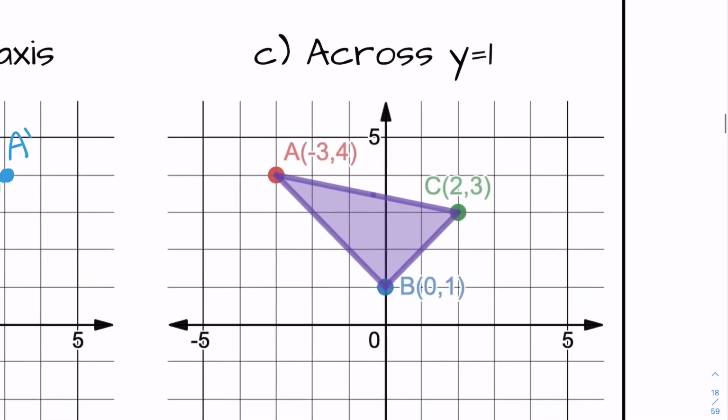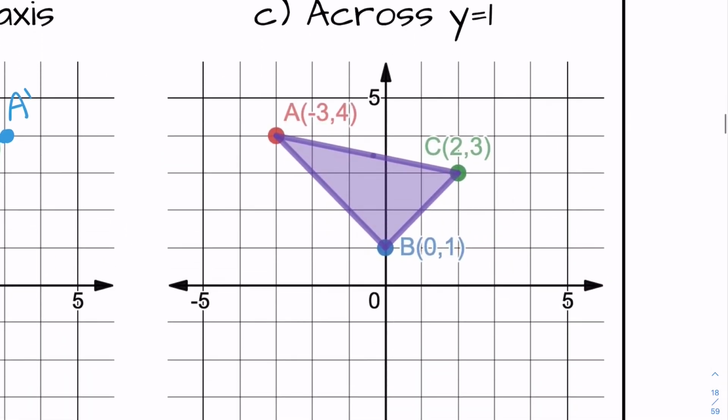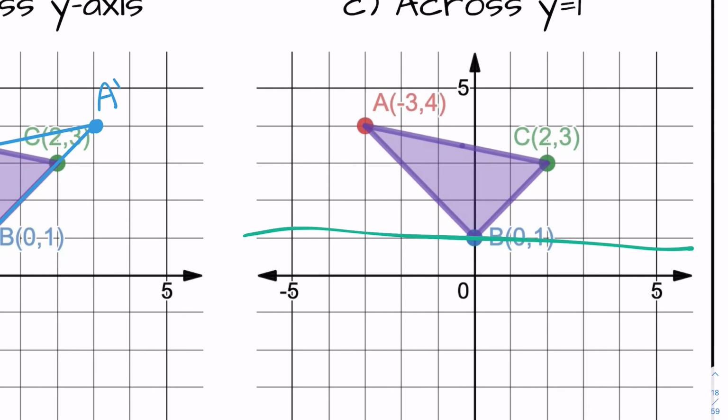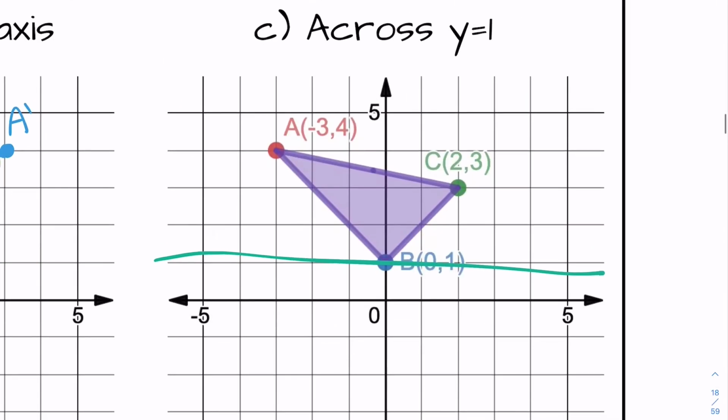So this next one, across y equals 1. So here's y equals 1. So B is going to, we'll go backwards. That's weird.